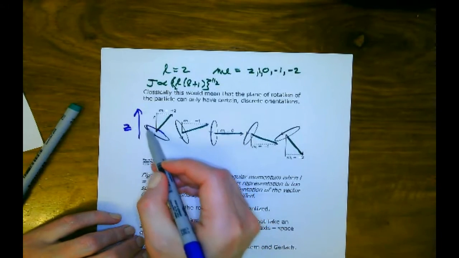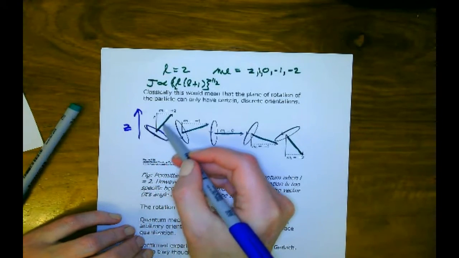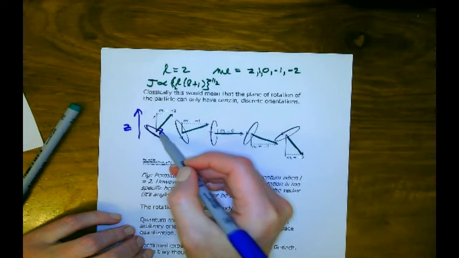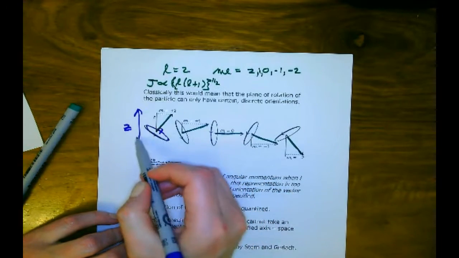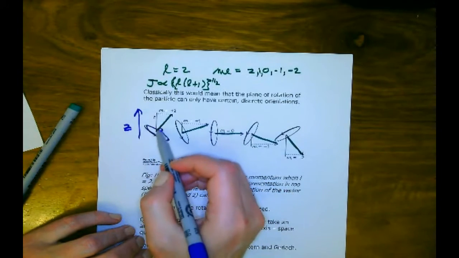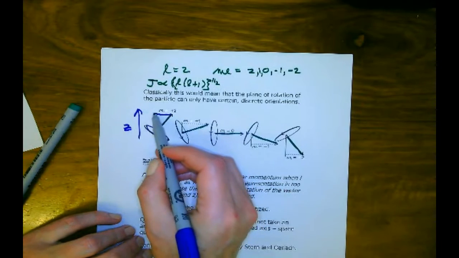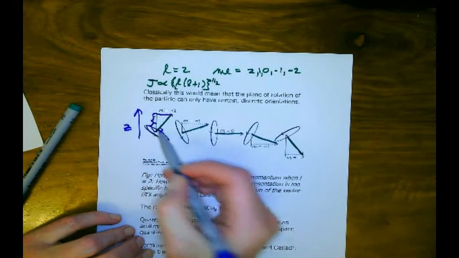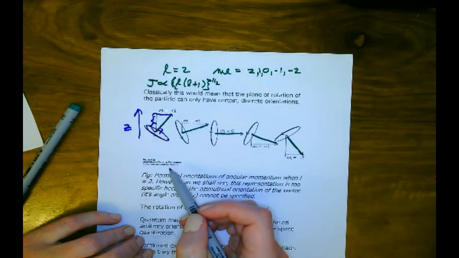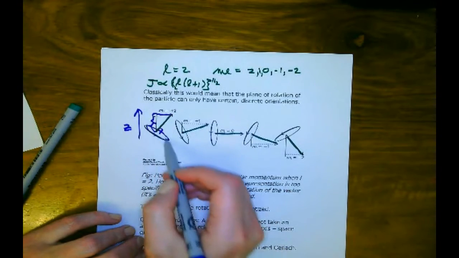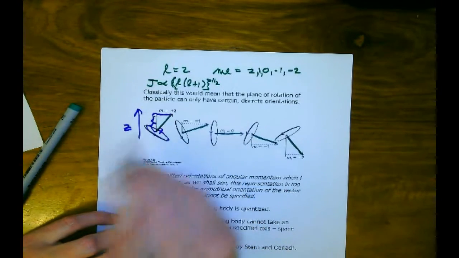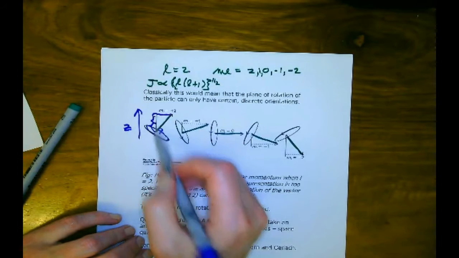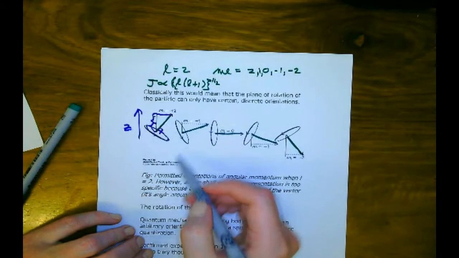So if the plane has this orientation, J is always perpendicular to that plane, the z-axis is always in this direction, then ml has a value of 2. So for this specific rotation, only by having this plane in this position can you get ml equal to 2.